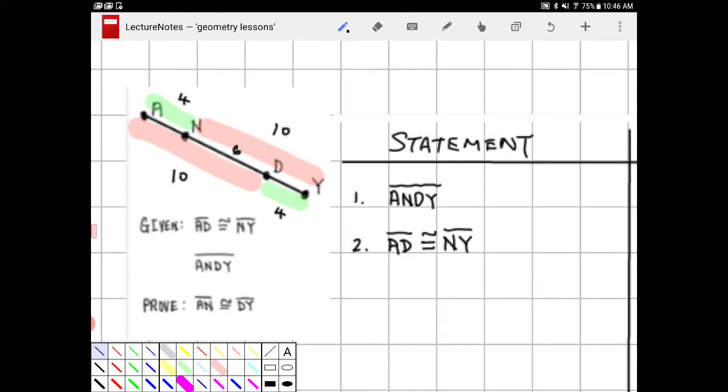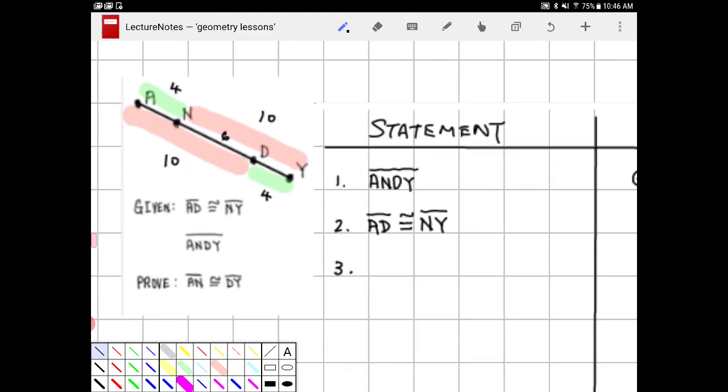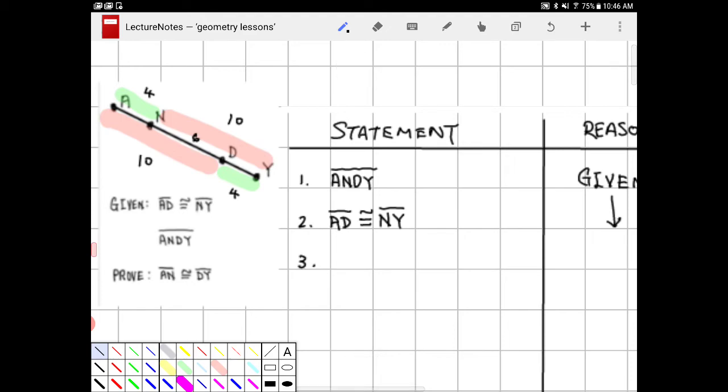So in order for us to articulate this on paper, we will again need to use segment addition postulate. Like I've told you before, it is always a good practice to not just draw all over the diagram, but also to indicate what different segments are made up of. So in this case, AD, I know that AD is equal to AN plus ND.